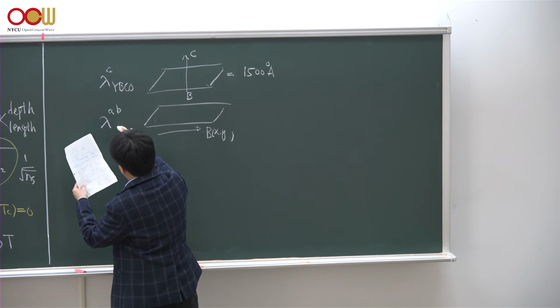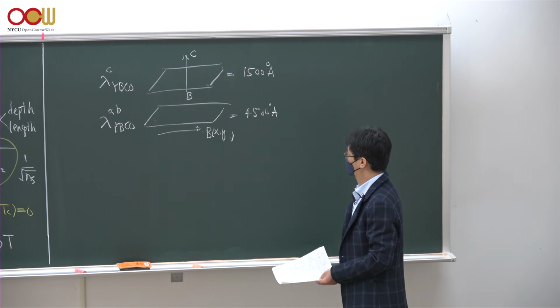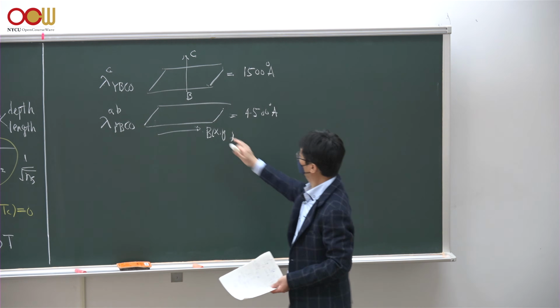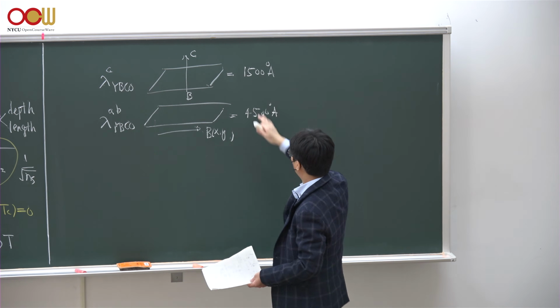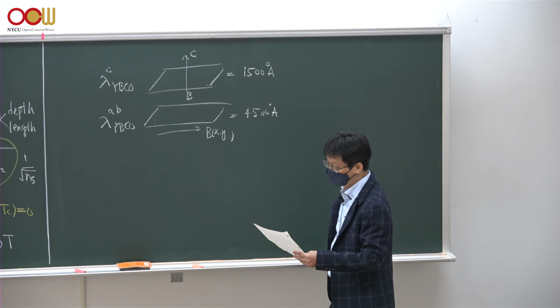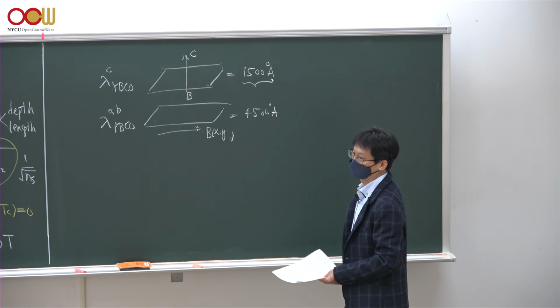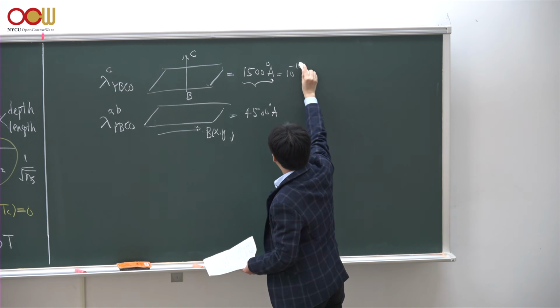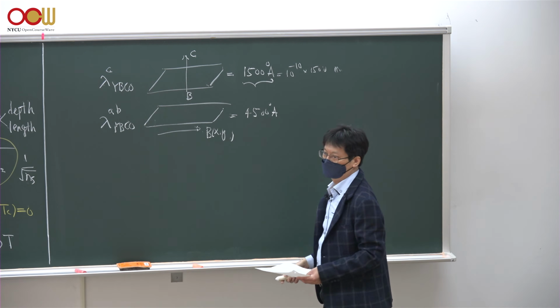So lambda ab is a few thousand Angstrom, but lambda c, when the magnetic field points along the c-axis, is about one third of lambda ab. So still a very, very short distance, because 1,000 Angstroms is 10 to the minus 10 times 1,000 meter. So it's really, really short.